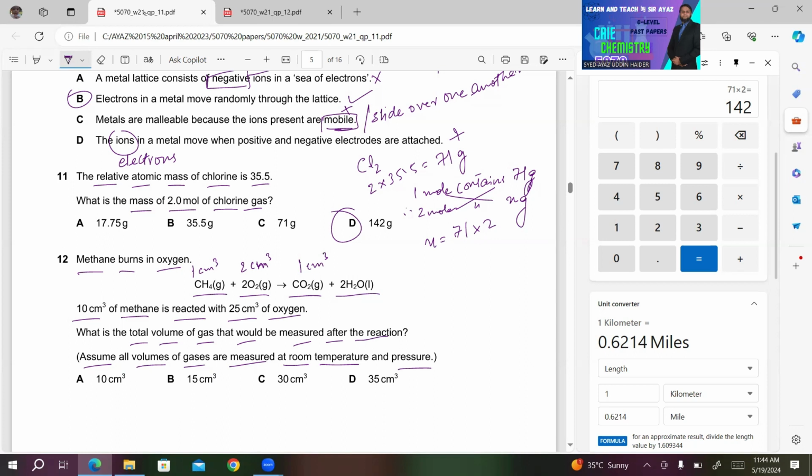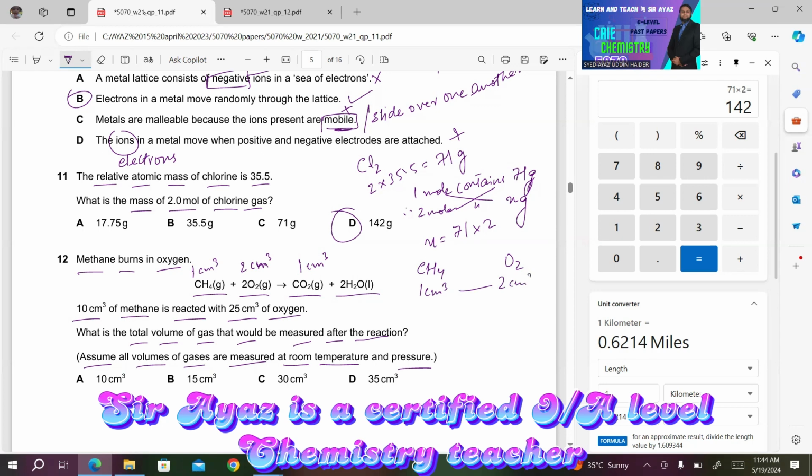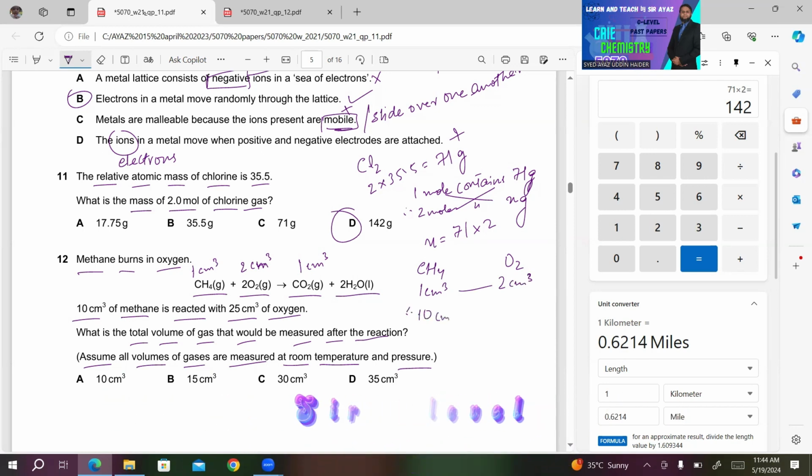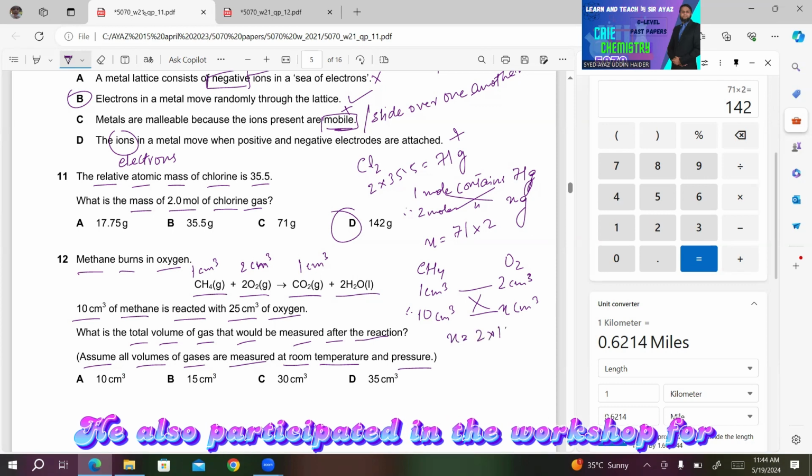So if 1 cm cube of methane reacts with 2 cm cube of oxygen, therefore 10 cm cube must be reacting with X cm cube of oxygen. So X is equal to 2 multiplied by 10, we will get 20 cm cube.